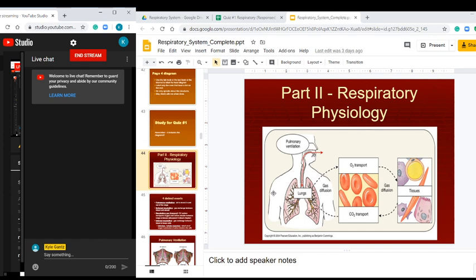So what is happening in those lungs to take that deoxygenated blood full of carbon dioxide, get the carbon dioxide into the lung airspace, get the oxygen out of the airspace into the blood, and make that exchange to where oxygen then is carried throughout the body to the tissues and carbon dioxide is exhaled.